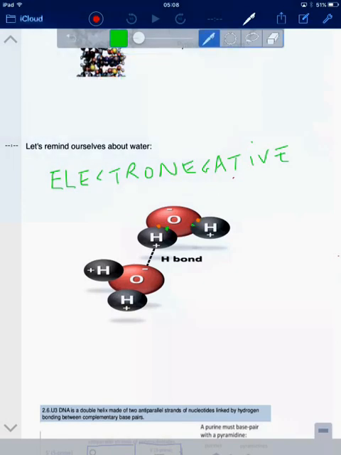Now that looks pretty even there, in that if we had those electrons in those positions, oxygen and hydrogen would be sharing them pretty equally. But it doesn't actually work like that, because oxygen is so electronegative that it pulls the electrons much closer to itself.